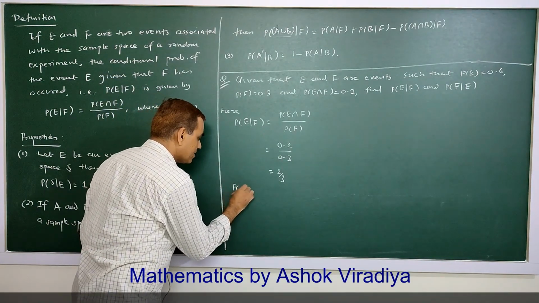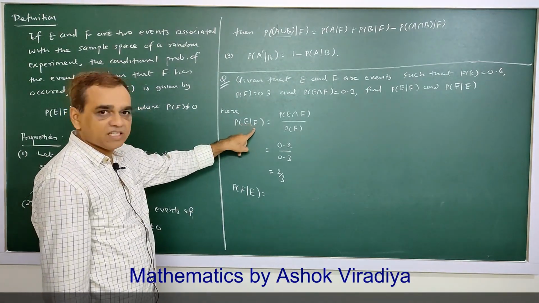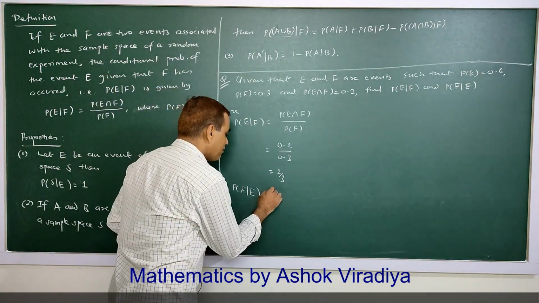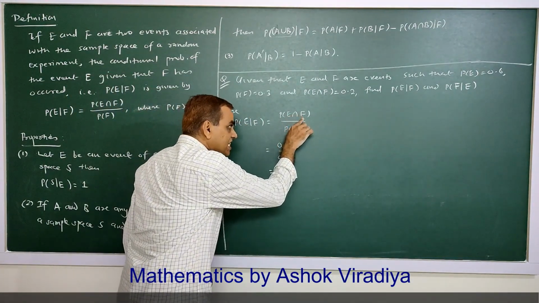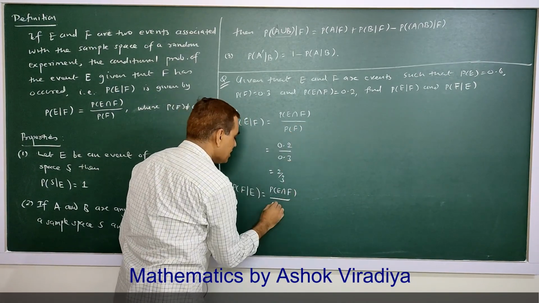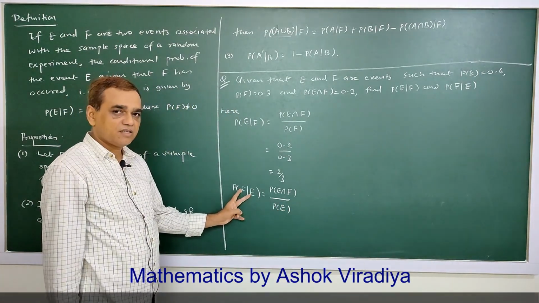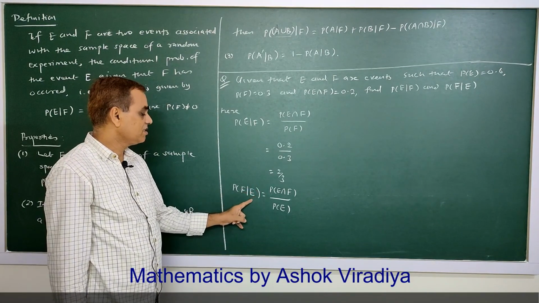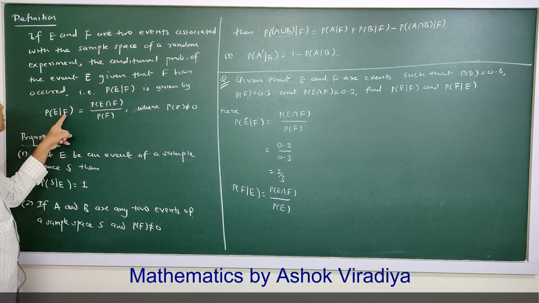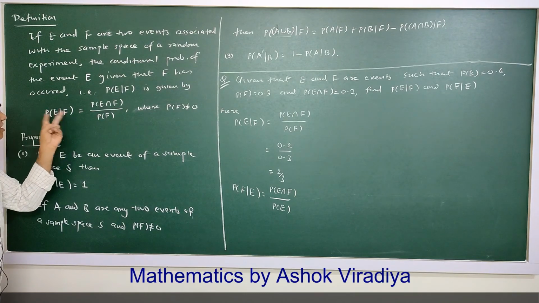Now P of F given E. So replace E by F and F by E. The probability of F intersection E, which is the same as E intersection F, upon P of E. Here the condition is E. So whatever is the condition, we keep in the denominator, and their intersection is in the numerator.